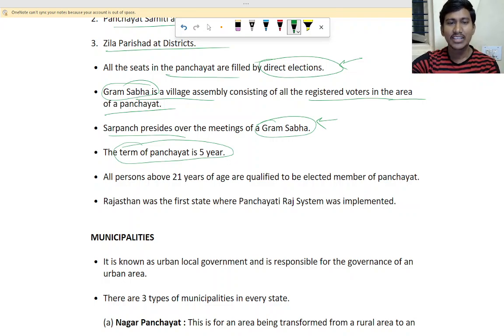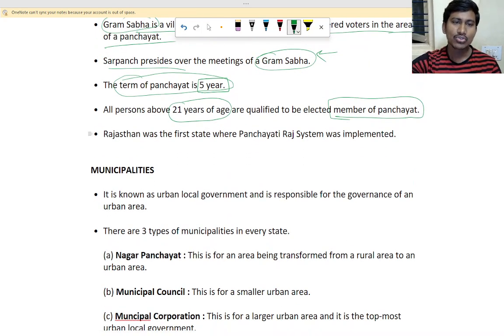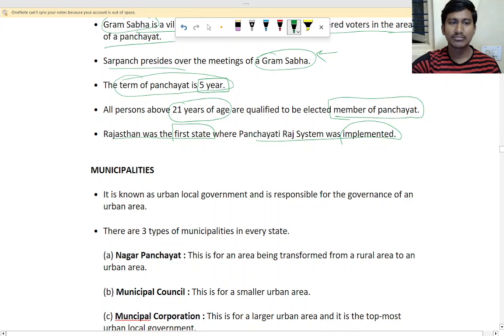All persons above 21 years of age are qualified to be elected as a member of the Panchayat. Rajasthan was the first state where the Panchayati Raj system was implemented. Will you remember this?